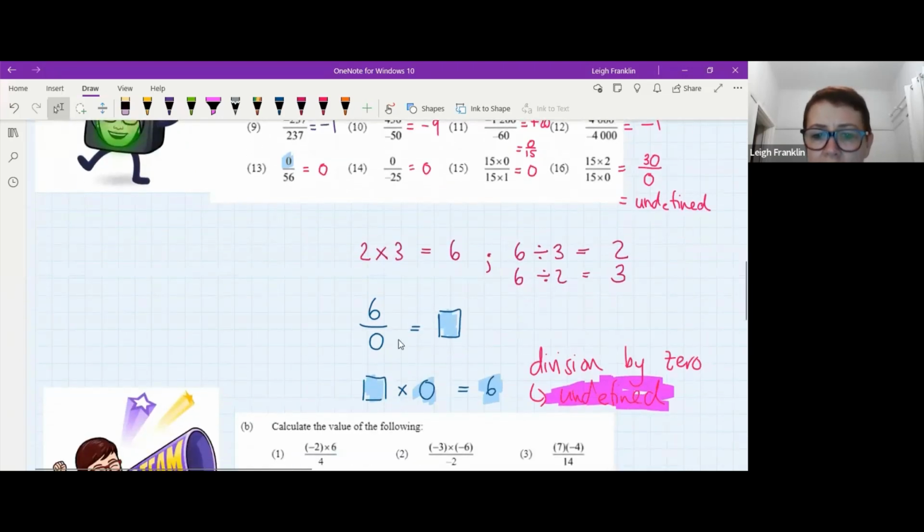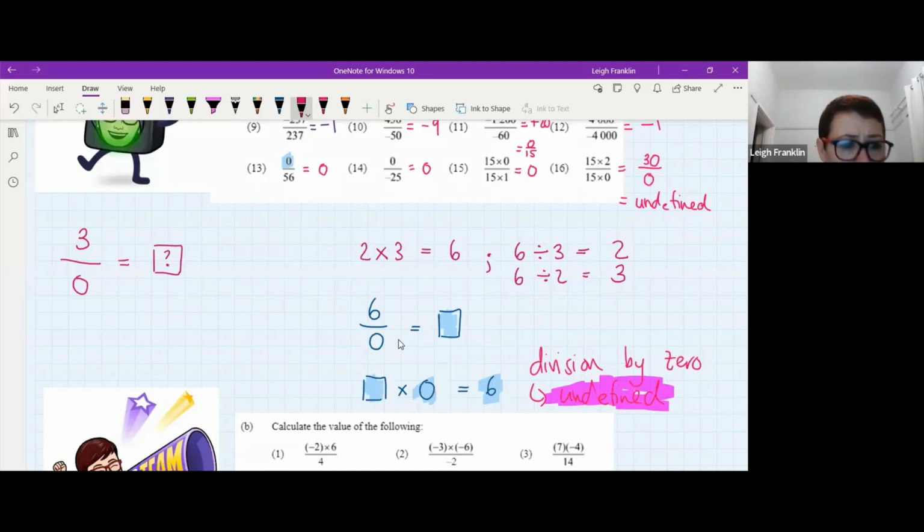And it's because of this. The only way I can describe it to you is the symbols that I've used on the board. If you take a number, any number, 3, and you divide it by 0, we are saying you get a specific answer. Let's say we don't know what that answer is, but it's a number.